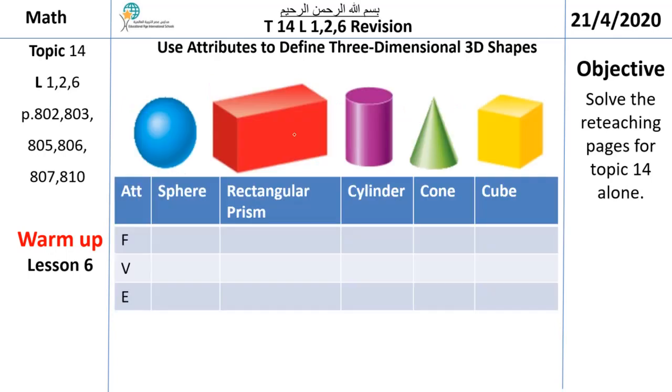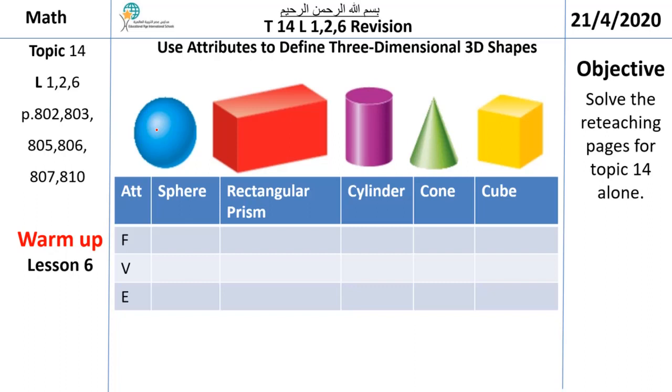Now, what are the attributes that define the three-dimensional shapes? So, FVE. Remember, F stands for flat surfaces or faces. Do I have anything flat in a sphere?